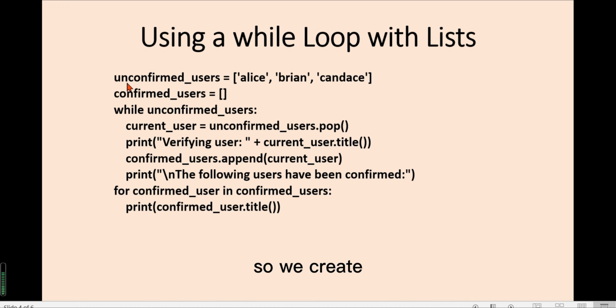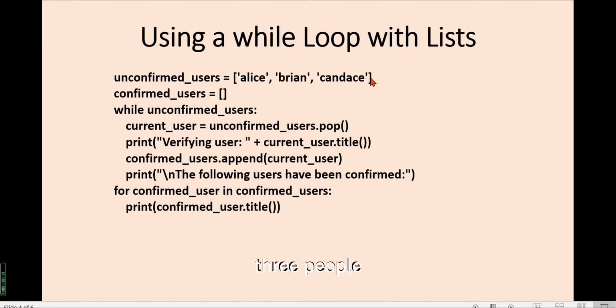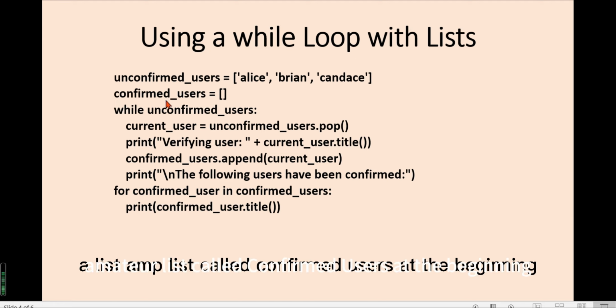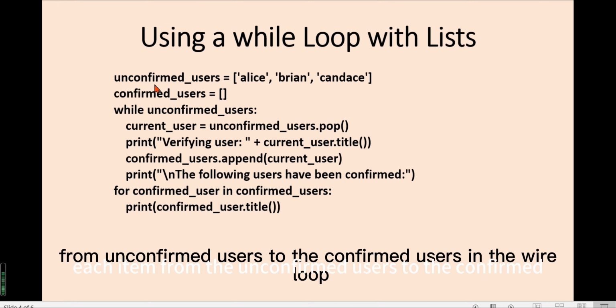So we create a list called unconfirmed users with three people, and then create an empty list called confirmed users at the beginning, and we try to move each item from the unconfirmed users to the confirmed users in a while loop.